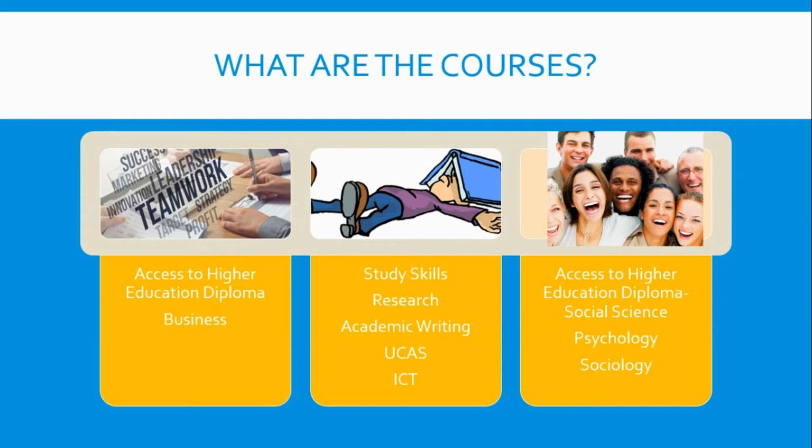We also offer an Access to Higher Education in social science, that's psychology and sociology, and both of those are underpinned with a programme of study skills, research skills, academic writing, a fantastic unit on how to apply to UCAS that just makes sure that when you write your personal statement, it's really selling your best qualities, and that when you make your choices, those choices are really well informed. Dion, who teaches that unit, is very experienced, and she makes sure that you know as much as you can possibly know about those courses, so you really do choose the one that's best for you.